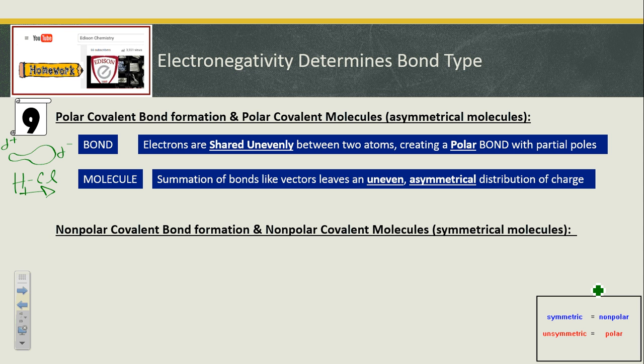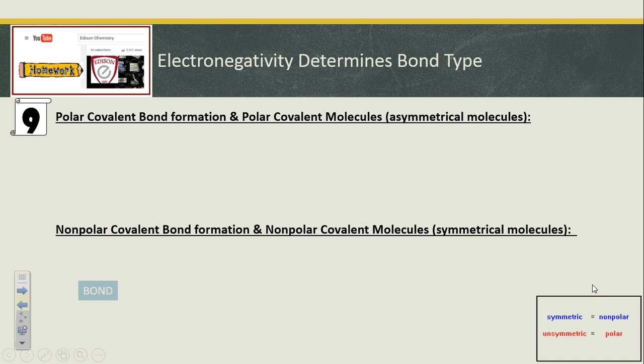And that's why the sum of all the bonds in the molecule leave an uneven or asymmetrical distribution of those electrons, because chlorine, again, is much more electronegative than hydrogen because of its higher effective nuclear charge.